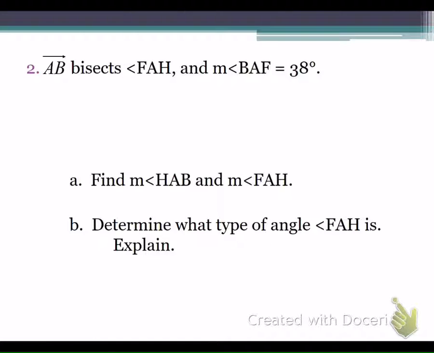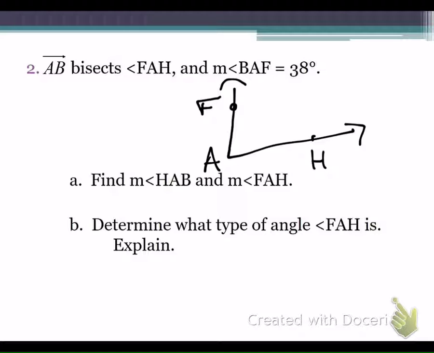So you don't need to write any of this, but let's draw it together. So I have this ray, AB, that bisects angle FAH. So let's draw an angle FAH. You're drawing it with me. Then I have ray AB that bisects it.